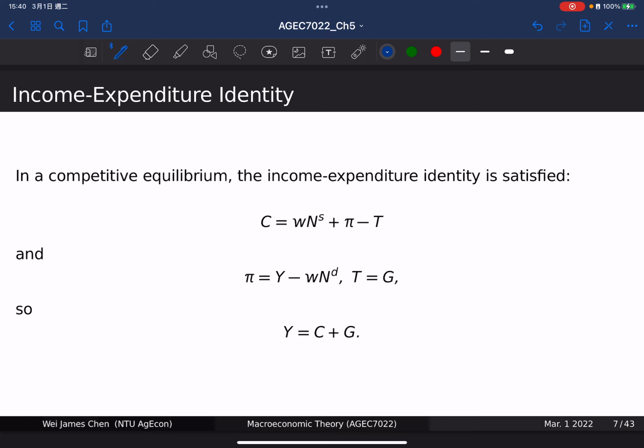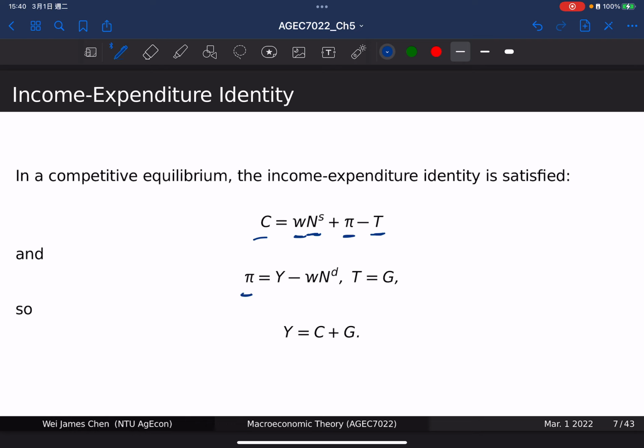So in the competitive equilibrium, the income expenditure identity is satisfied. So your consumption must equal labor supply times wage rate plus pi minus T, right? You supply that much labor, that's how much you consume.